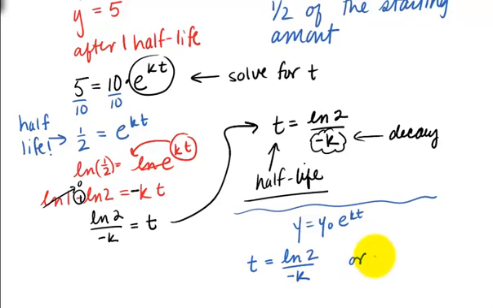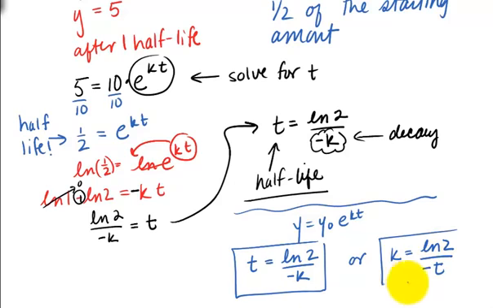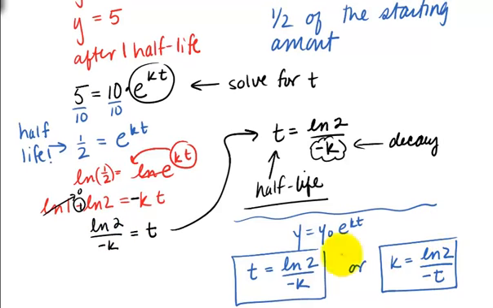Or you could also say that k is equal to the natural log of 2 divided by negative t. So you kind of have these two pieces that help you solve a lot of problems without going through the entire process that we did up here. So these would definitely be things you want to highlight and memorize to use in future problems.